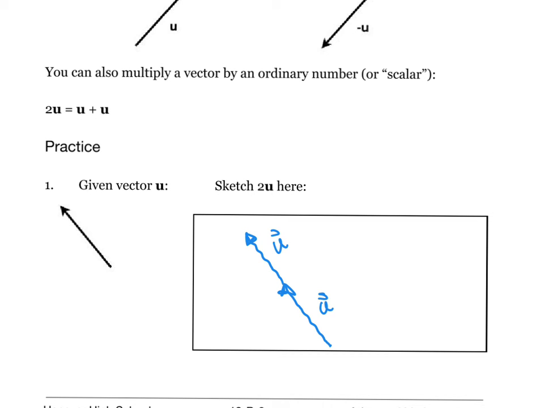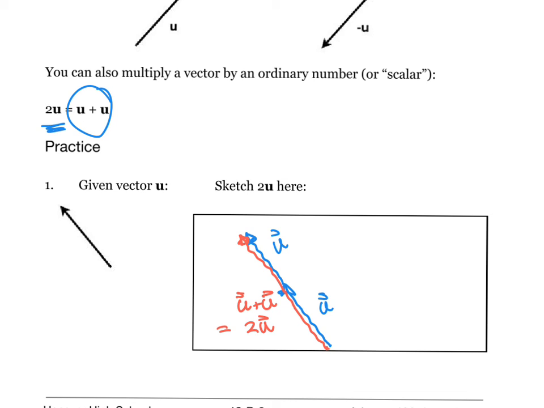So there are two u vectors drawn end to end, and I'm adding them together to get 2u. My final resulting vector would be the one that starts where the first one started and ends where the second one ended.